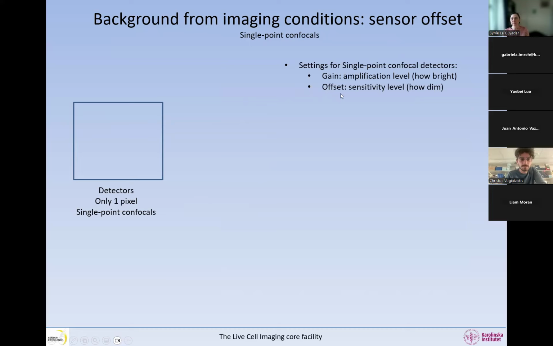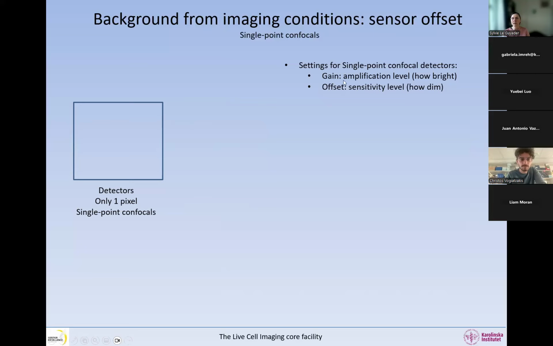You can change different things in the settings. You can change the gain, and you can also change the offset. Some manufacturers have two levels of gain, one of them a digital gain, and one amplifies before the electron amplification and the other one after, something like this. But anyway, you can have two levels of gain and you also have an offset.